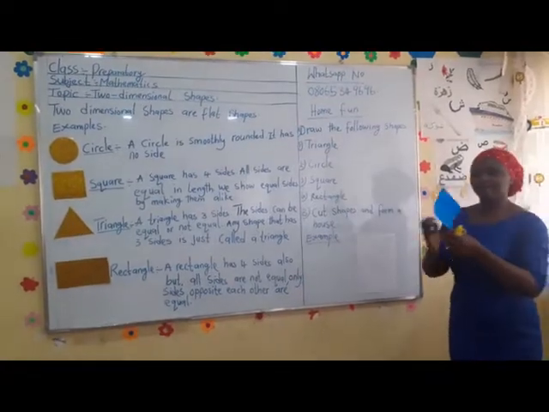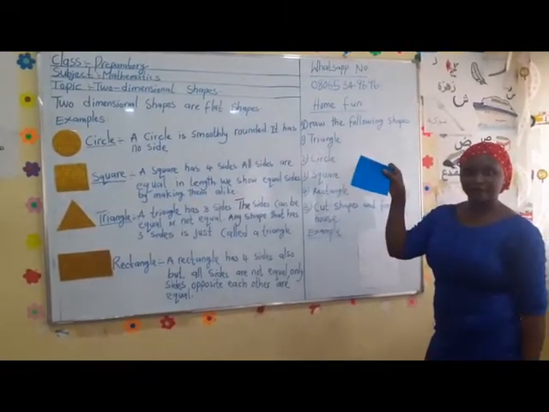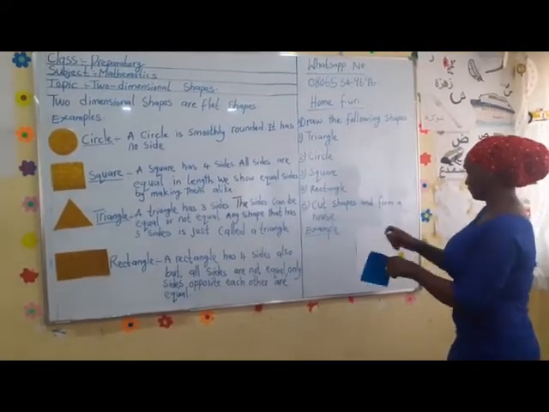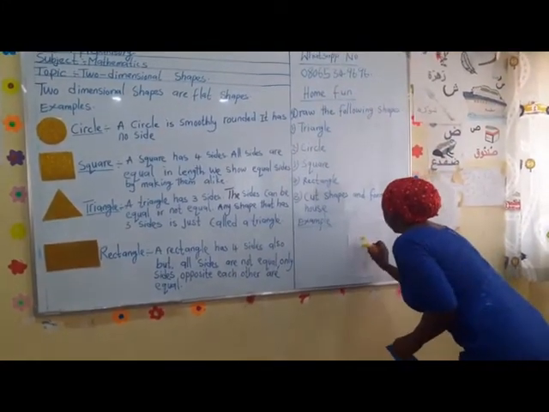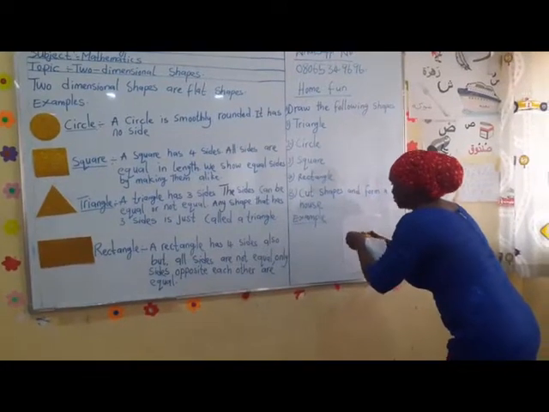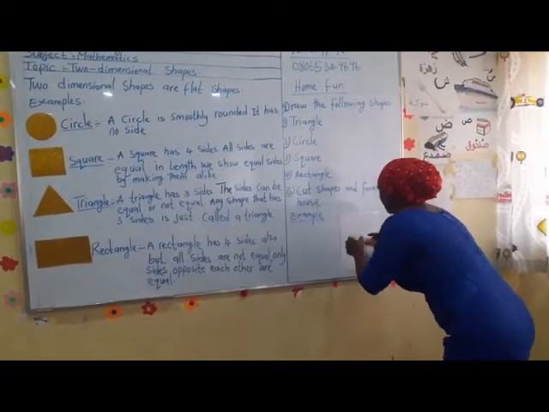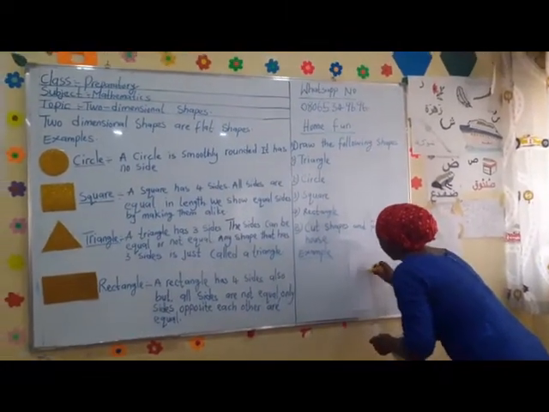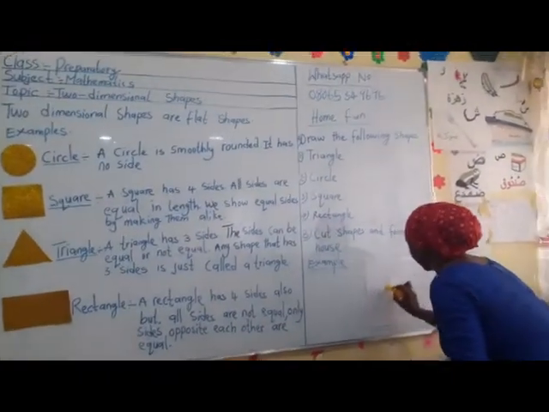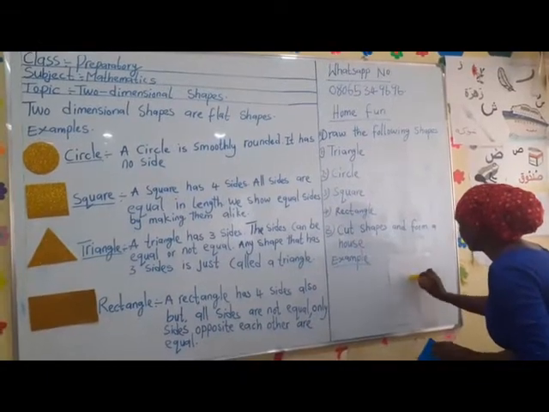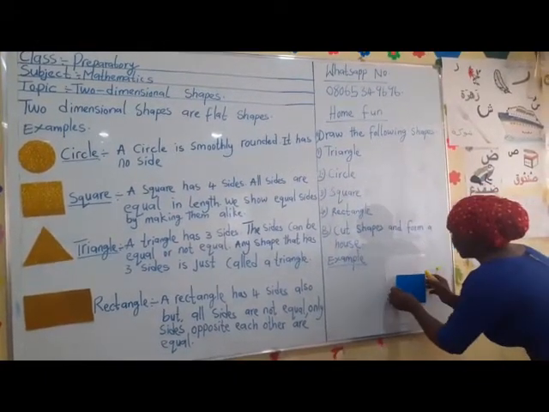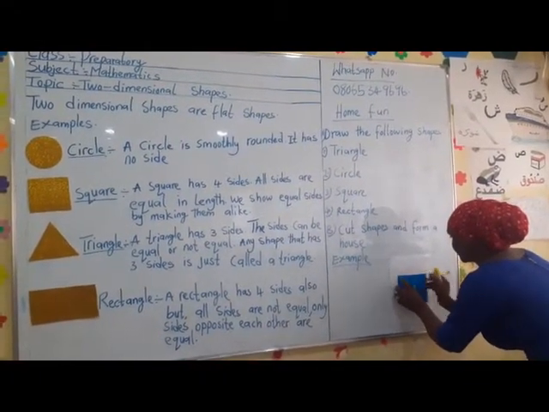First of all, this is a square. This is a what? Square. You put your gum on your white paper. Can you see it? Put your gum. Then you paste your square.